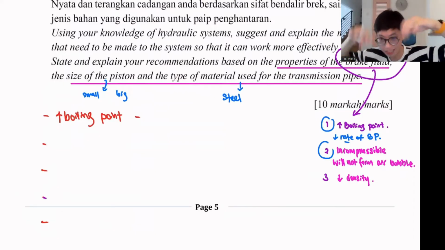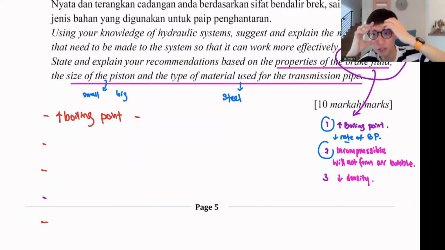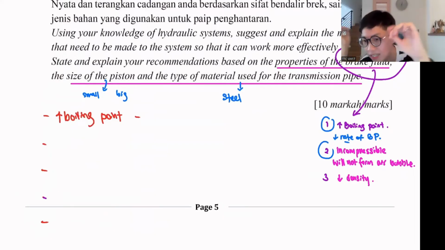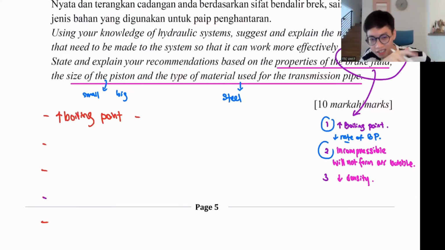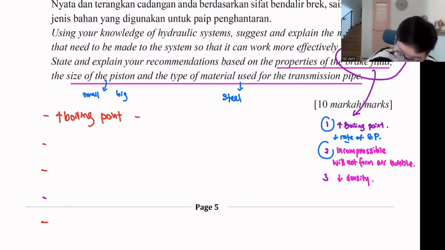Usually, guys, in this era, a lot of teachers have banned the word easily. Because easily is a very 2018 kind of thing. The new trend is, if you can, try to avoid easily. So rather than saying high boiling point, it will not evaporate easily, I can say that a higher boiling point means that it will be able to reach a higher temperature.